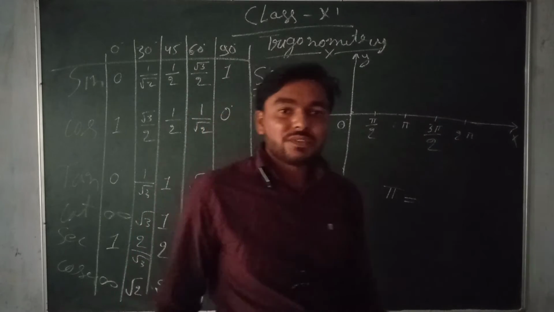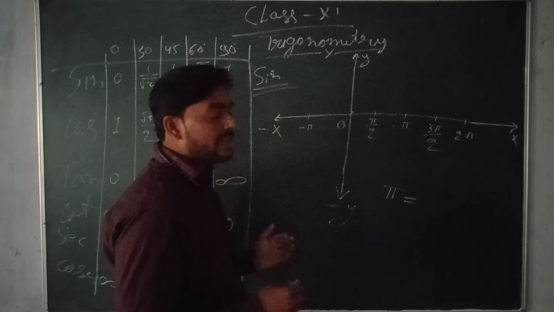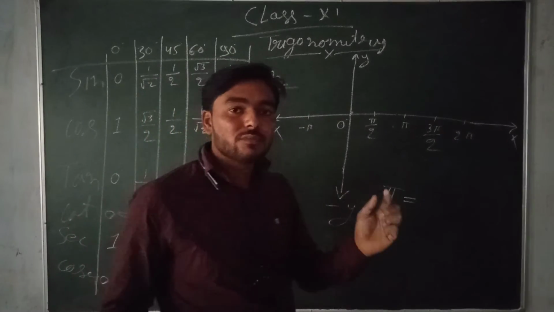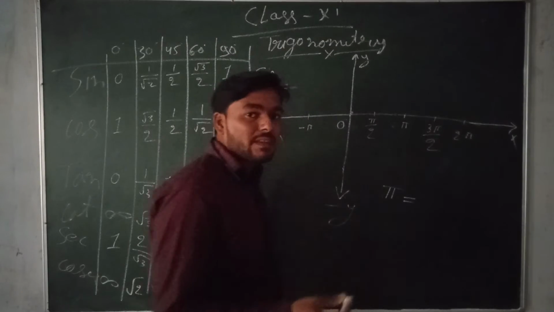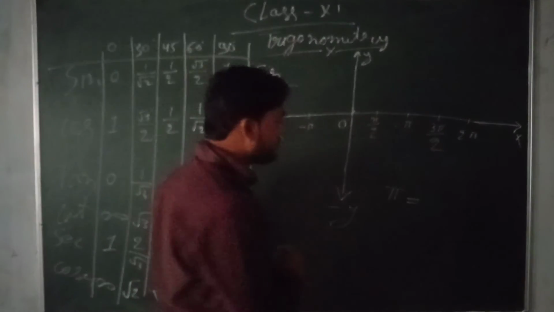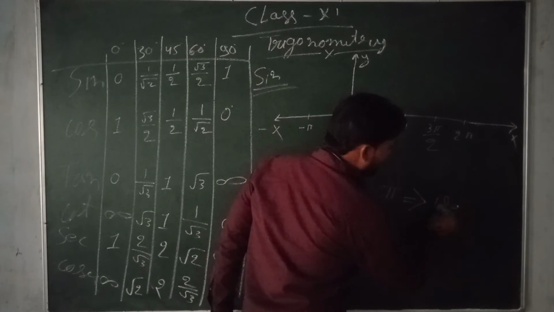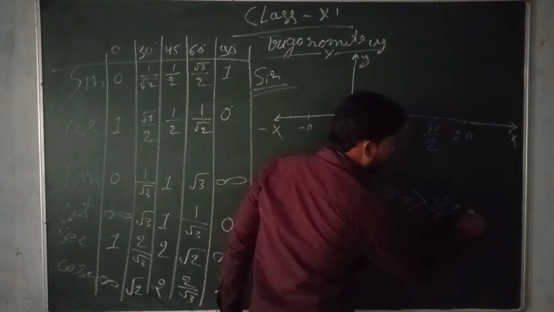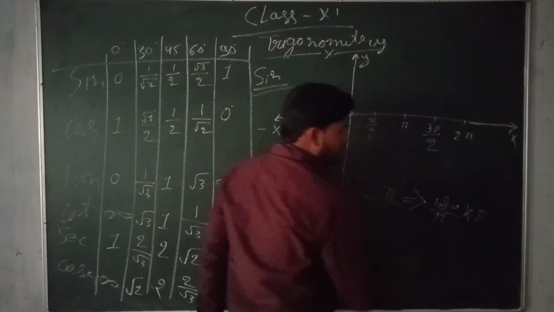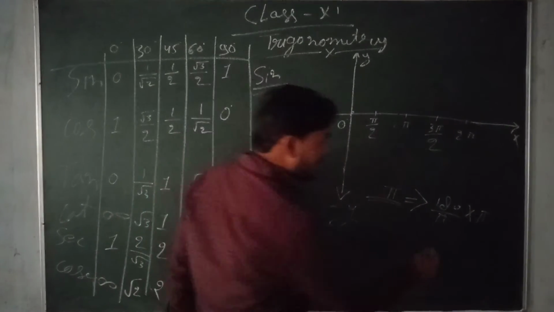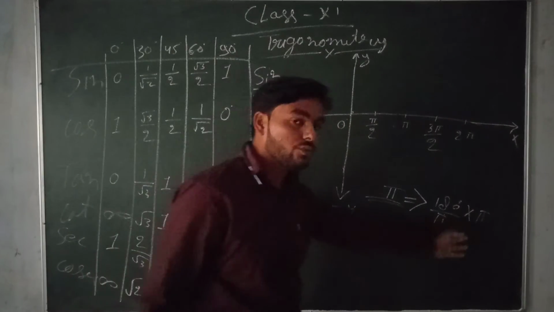For conversion from radian to degree, I told you earlier the formula: degree measure equals 180 upon pi multiplied by the radian measure.